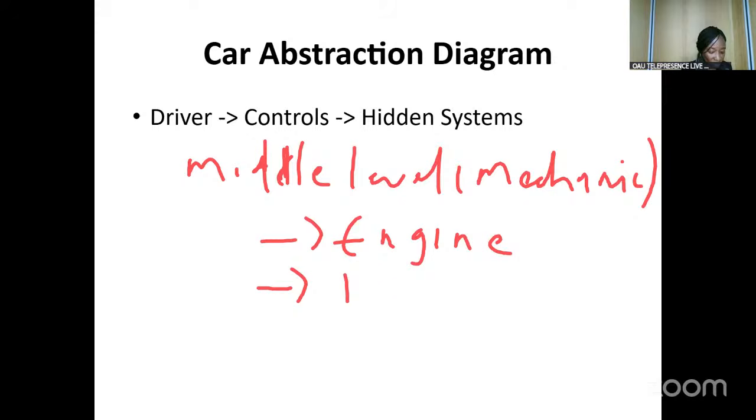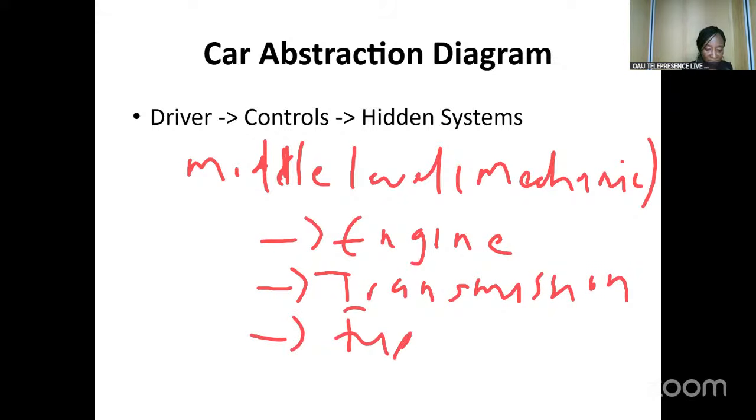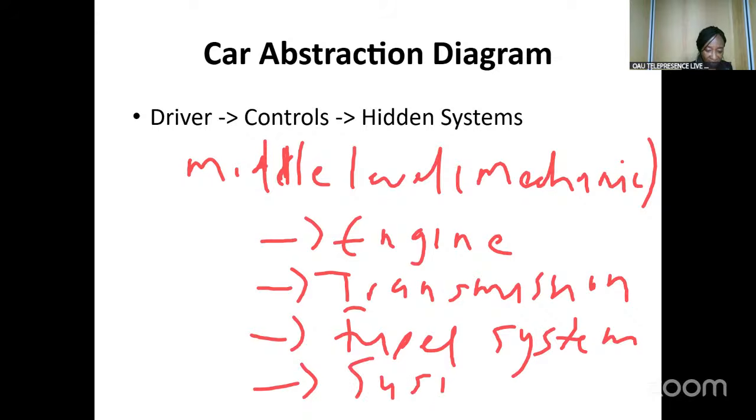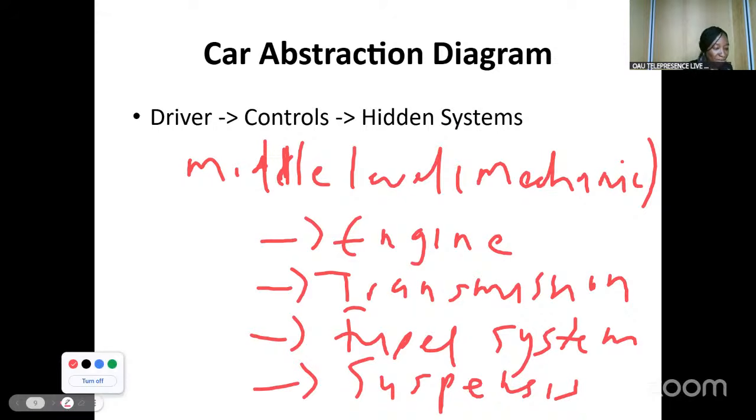He understands its transmission. He understands the fuel system. And he understands suspension or whatever technical word that is around there. So that's what your mechanic understands. That's the middle level of abstraction of your car.